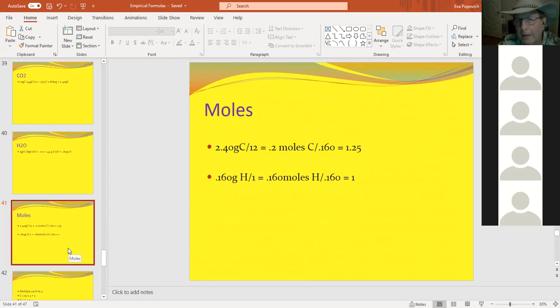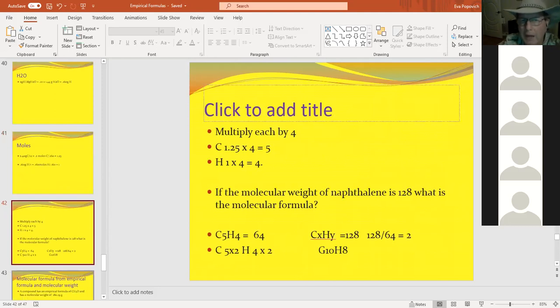I get 1.25 to 1. That is my molar ratio of carbon to hydrogen. Now, Rebecca, I got 1.25. How am I going to get rid of it? Multiply by 4. If I multiply it by 4, I have 5 carbons and I have 4 hydrogens. So my empirical formula is C5H4.